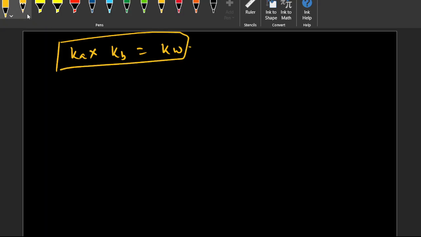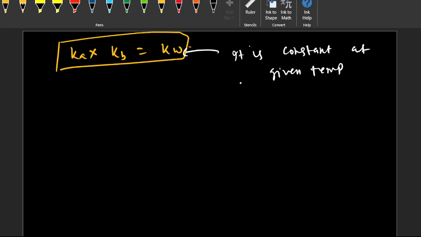And the Kw, the dissociation constant of water, is constant at a given temperature. At room temperature, 25 degrees centigrade, it is 10 raised to minus 14. We have already studied this. This value will change only if we change the temperature.